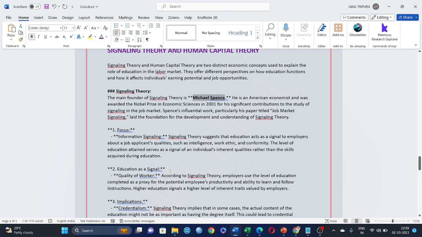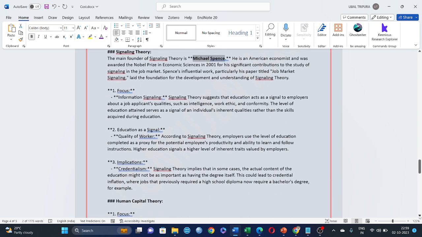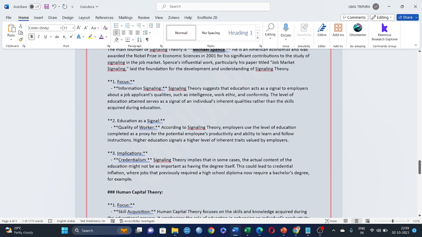Second is education as a signal. How is education a signal? Because of the quality of workers. According to signaling theory, employers use the level of education completed as a proxy for potential employees' productivity and ability to learn and follow instruction. Higher education signals a high level of inherent traits valued by employers.